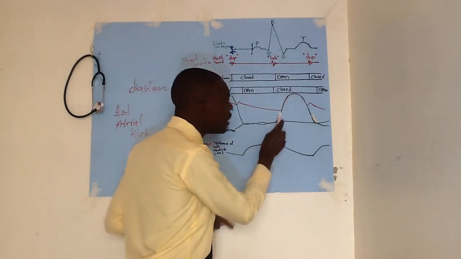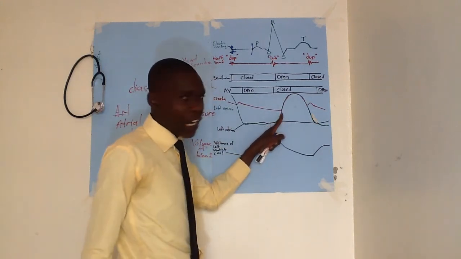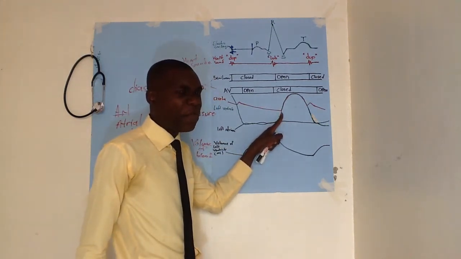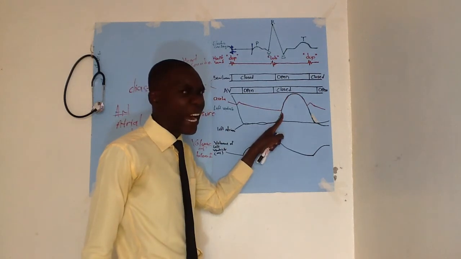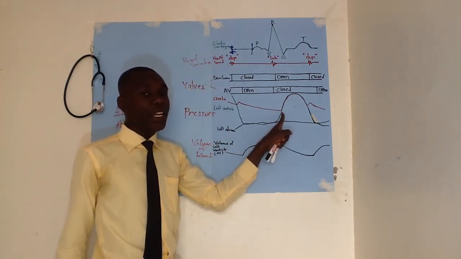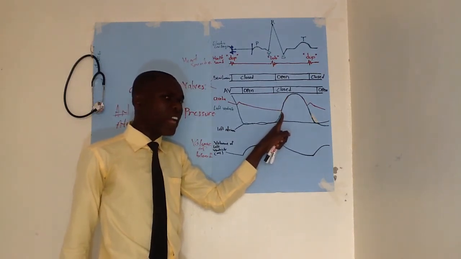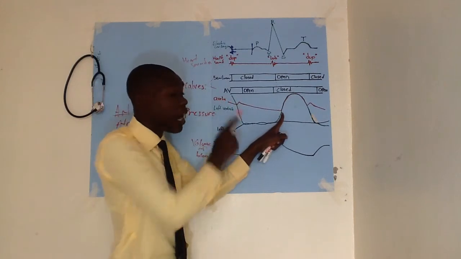It will reach a point when the pressure inside the ventricles is going to be very high, higher than the pressure in our arteries, that is both the pulmonary artery and the aorta. Here we are only indicating our aorta.